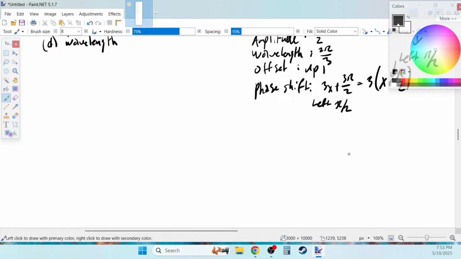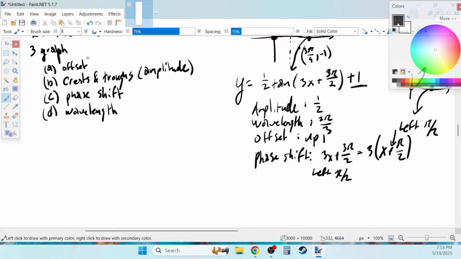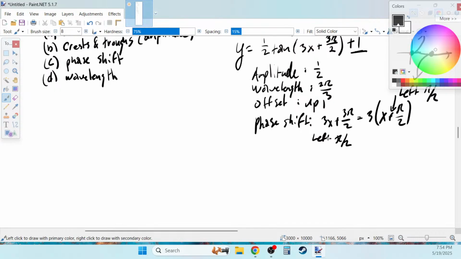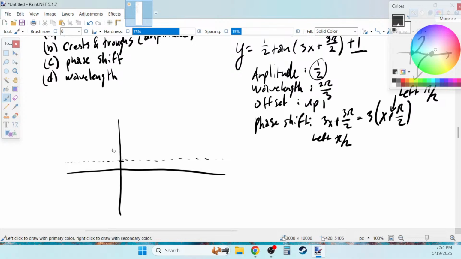So now that I do that, I graph it. I first look at the offset. Offset is up 1. Next thing is to put my crests and troughs. The amplitude is this 1/2, so I'm going to go up a half.